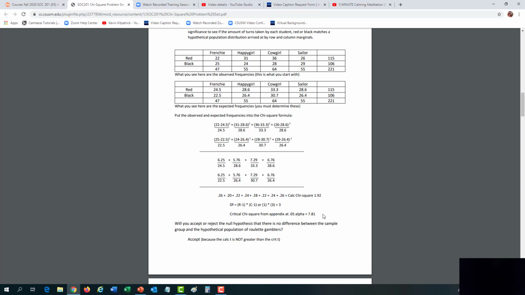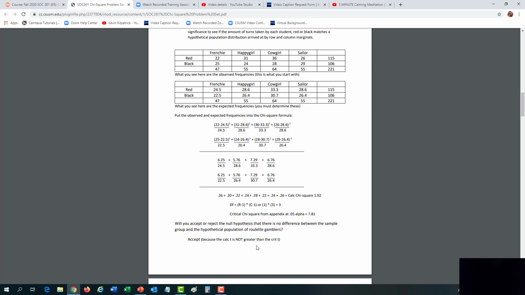So I have everything I need to make the decision. Will I accept or reject the null hypothesis? I'm going to accept it because the calculated chi-square is not greater than the critical chi-square. All right. Sorry about the T there again. I screwed up. That's from the last problem.